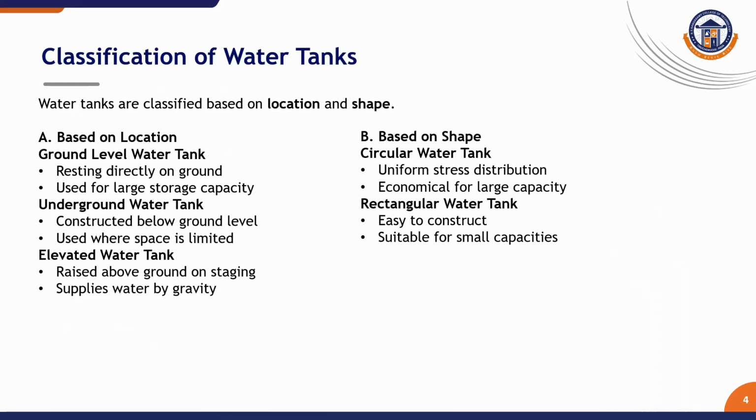Next is the elevated water tank, raised above ground on staging, which supplies water by gravity. Based on shape, there are circular water tanks and rectangular water tanks. Circular water tanks have uniform stress distribution and are economical for larger capacities, whereas rectangular water tanks are easy to construct and suitable for small capacities.